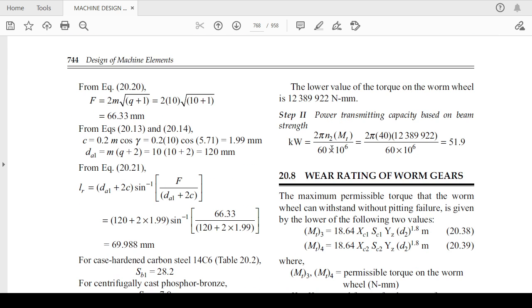But the speed will be N2 only, not N1. If you are keeping the lower value of MT1, you are not keeping N1. You have to keep the value N2, the revolution speed of the worm wheel, because you are evaluating all the design criteria on the basis of the worm wheel only.